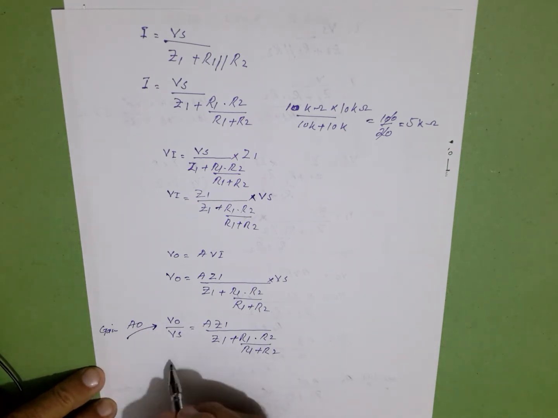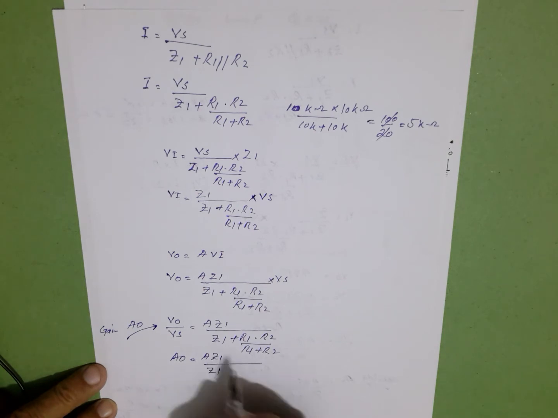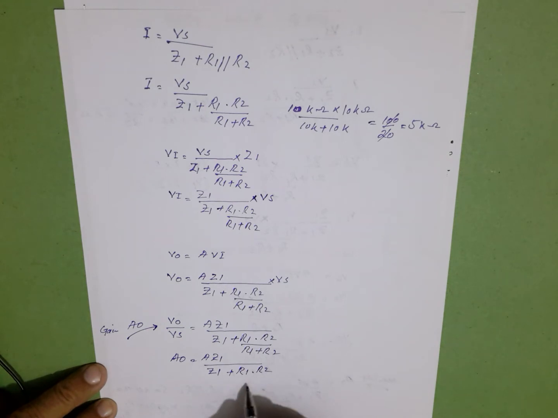Gain without feedback is called A naught. We can write A naught is equal to A Zi over Zi plus R1 into R2 over R1 plus R2.